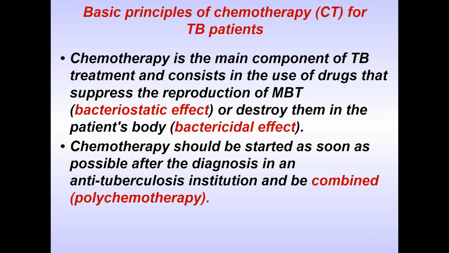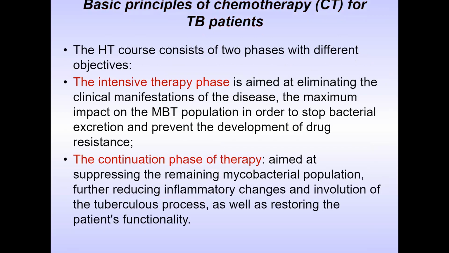Chemotherapy should be started as soon as possible after the diagnosis, in an antibacterial institution. We can see that it consists of two phases with different objectives: the intensive therapy phase and the continuation phase of therapy.